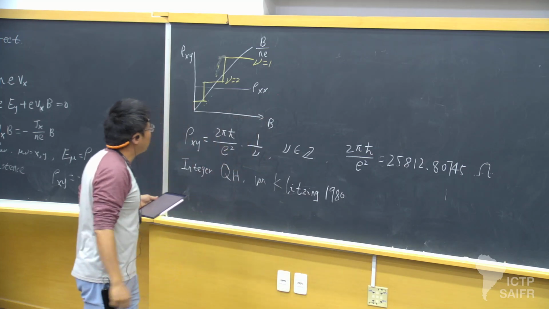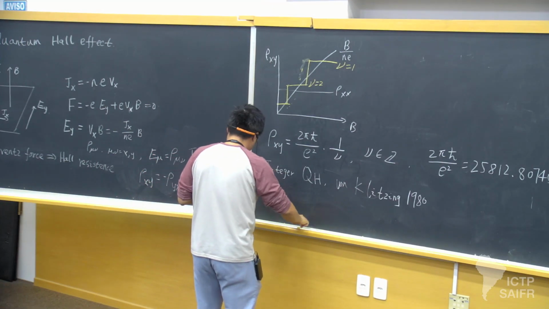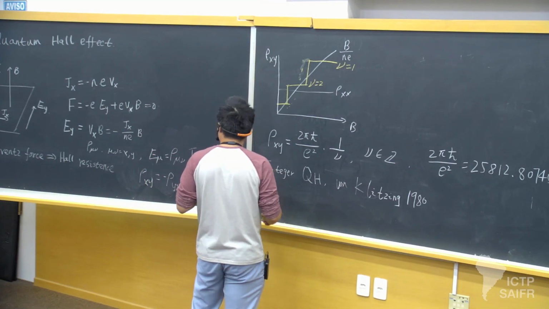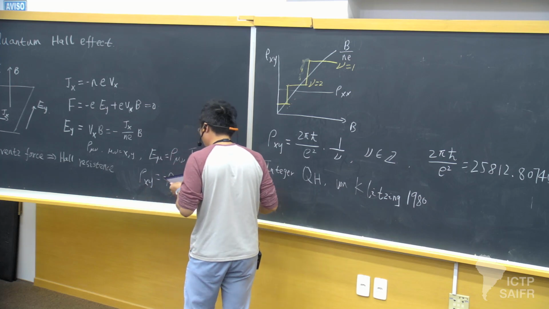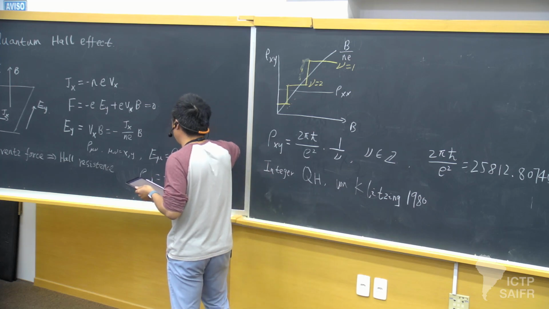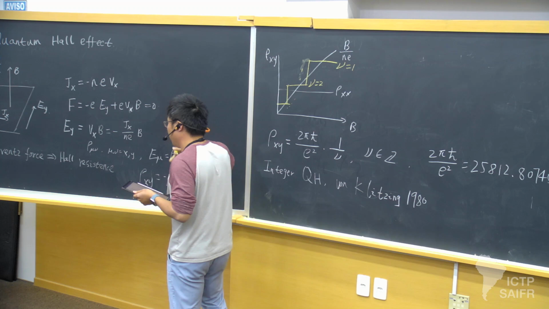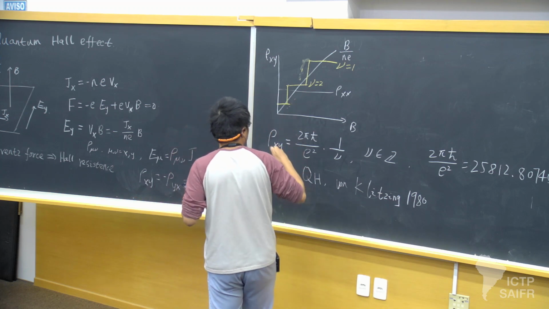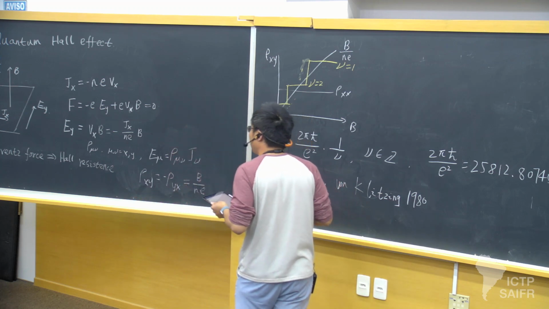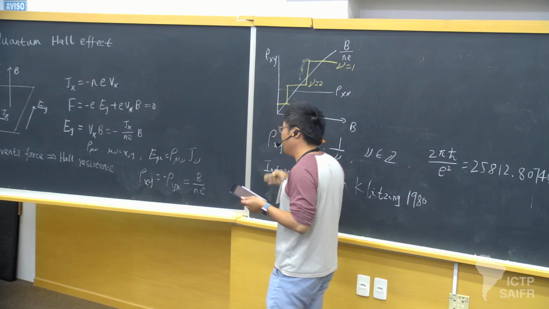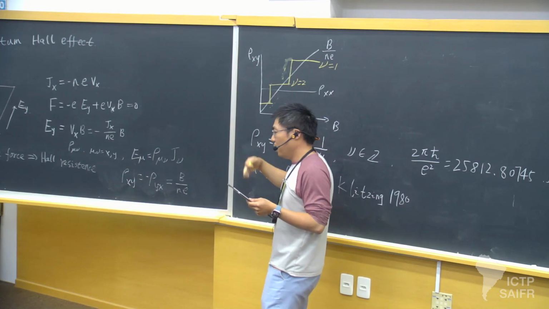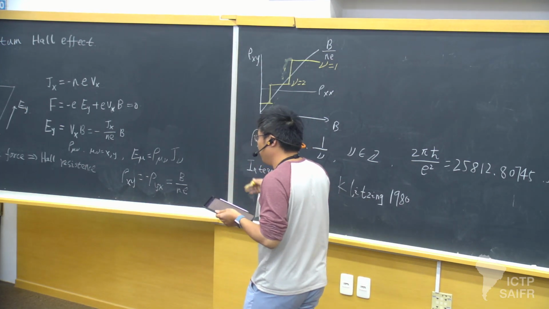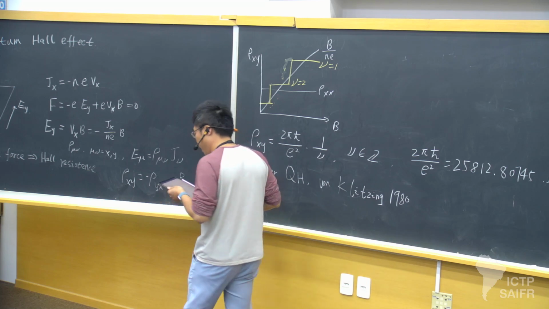The other thing I would like to mention is this rho XX. On the classical side, what I tried to say is that if you do the work more carefully, you will find rho XX to be a constant in the classical world. It depends on the scatterings of the electrons and so on. That's some intrinsic property of your material.